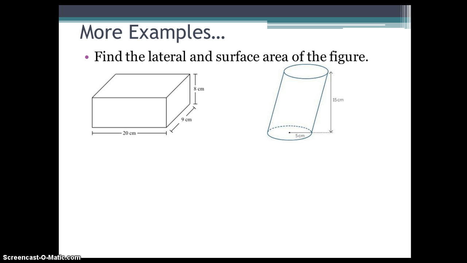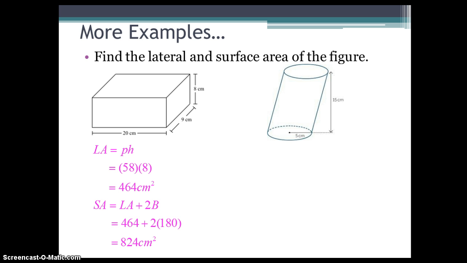Let's look at just a couple more examples when we're talking about surface area and lateral area. So in our prism, the lateral area is going to be perimeter times height. So I used 20 and 9 and added those together and doubled it. I got 58 for the perimeter times the height of 8, so my lateral area is 464 square centimeters.